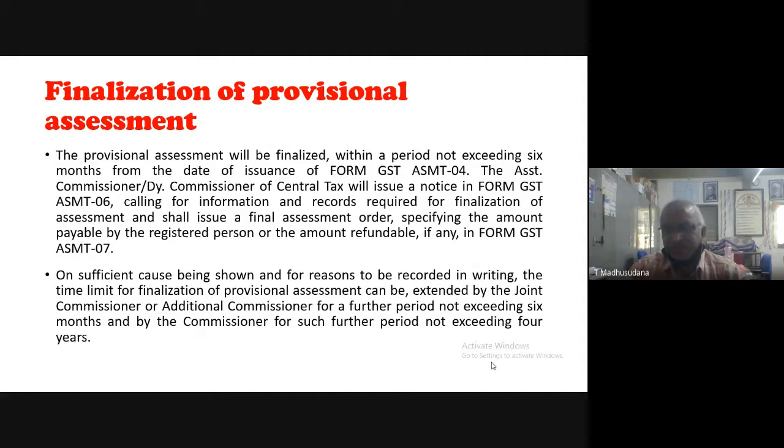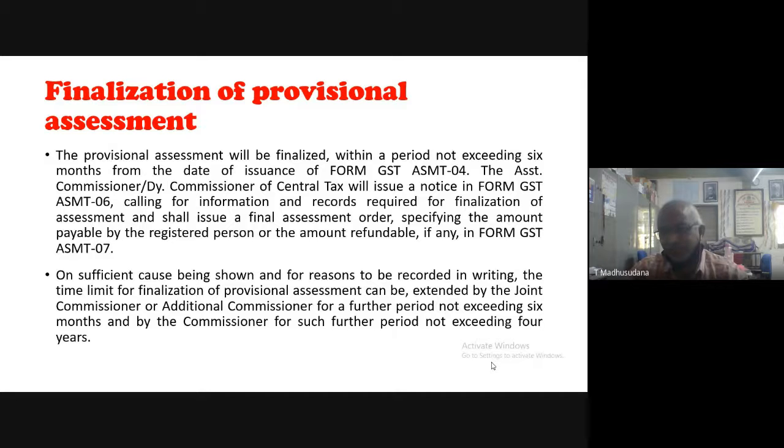Suppose the provisional tax paid by the assessee is less than the final tax liability, then he has to pay the difference amount with interest. Suppose he has paid more than the final assessment amount, then the government has to refund the amount to the supplier with interest.